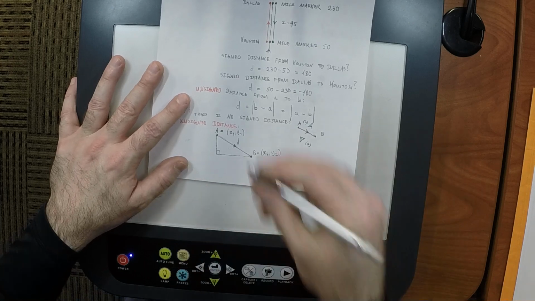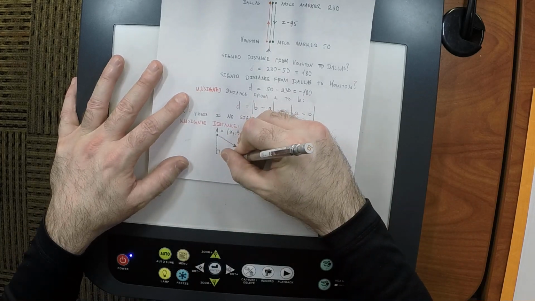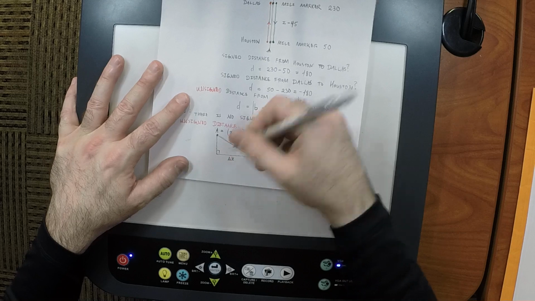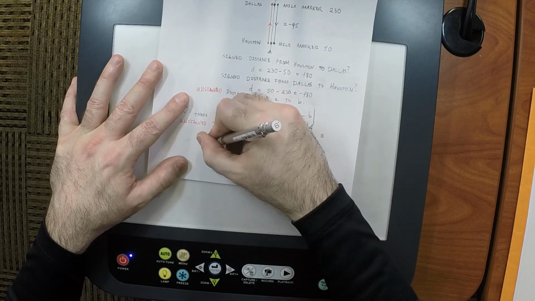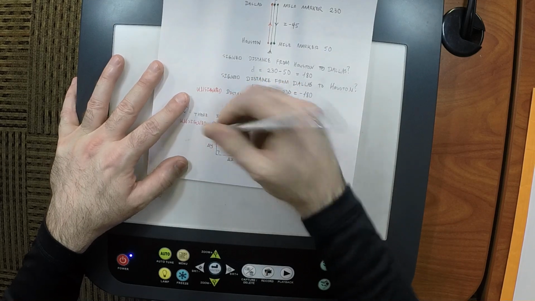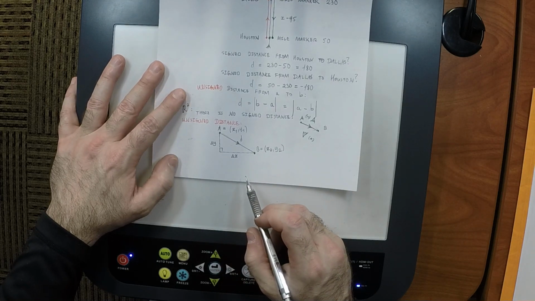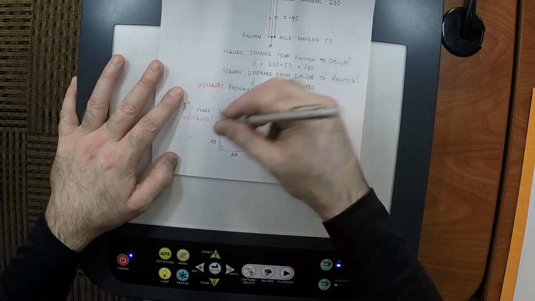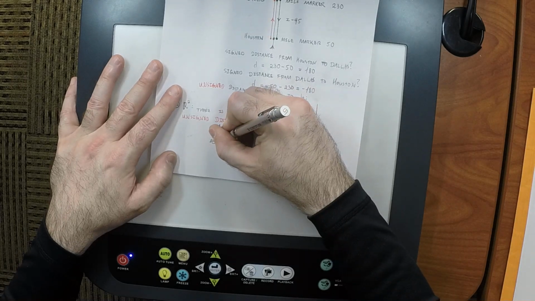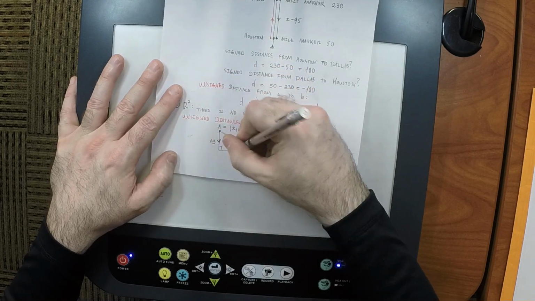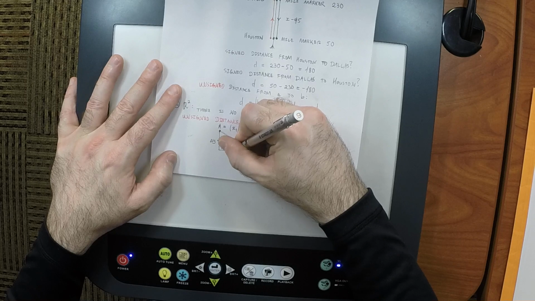We figured out the distance. We called eventually this one delta x and this one delta y. Specifically, this delta y would be going like that, and this delta x like this.